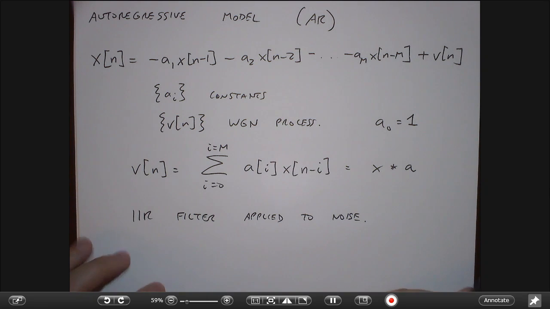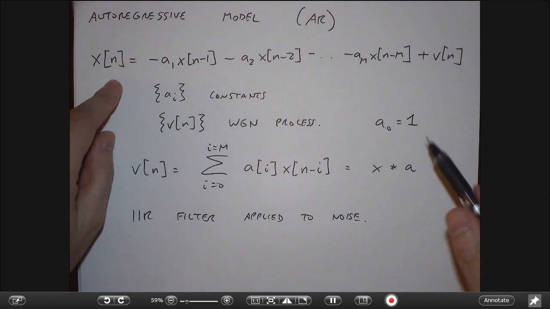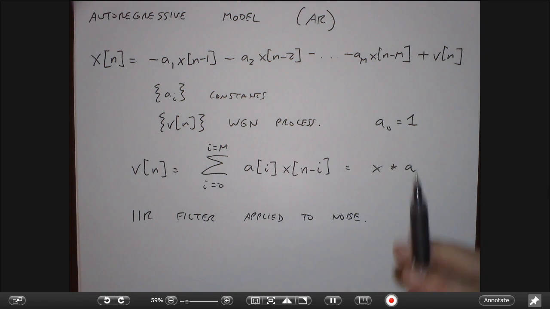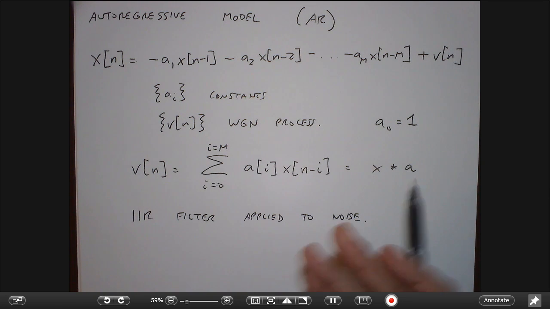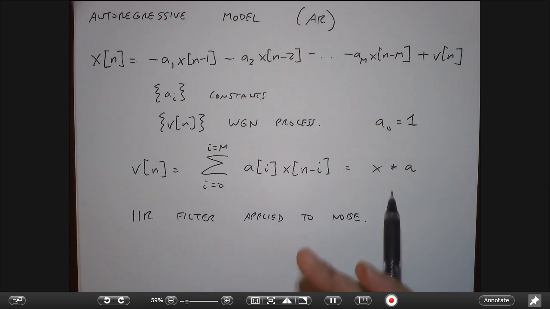Right? This is a little more intuitive in the real world because in general I expect that the current value of the signal is related to the previous values of the signal, offset by a little bit of error in that estimate. The ARMA model is basically a combination of both of these things.